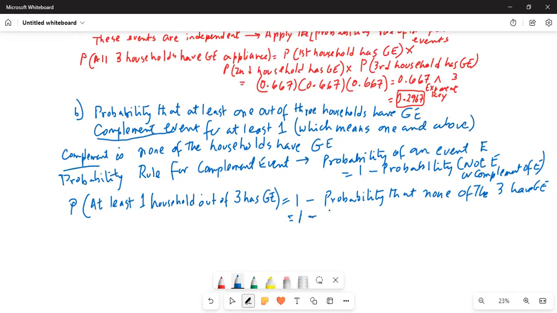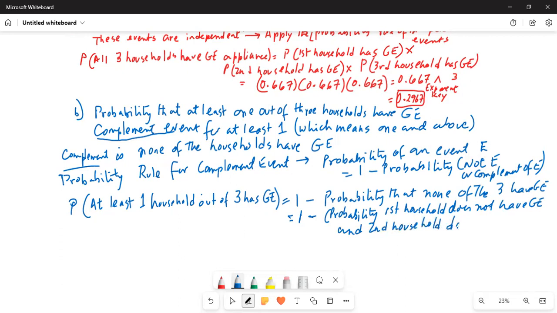So 1 minus probability, because independent events, the probability first household does not have GE, and second household does not have GE, and third household does not have GE.